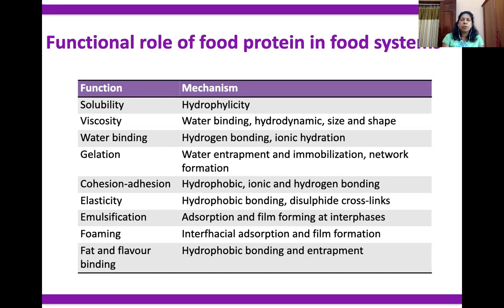The other one is cohesion and adhesion, with hydrophobic, ionic and hydrogen bonding. If they can form these, then the cohesion and adhesion function is there. Hydrophobic effect, and ionic and hydrogen bonding, are different things. If the hydrophobic effect is there, it helps remove the water molecules from the system.